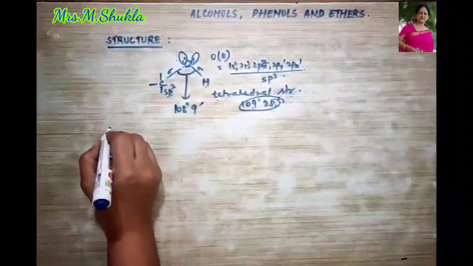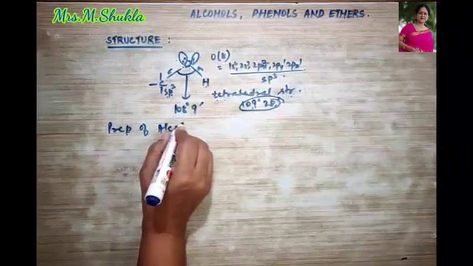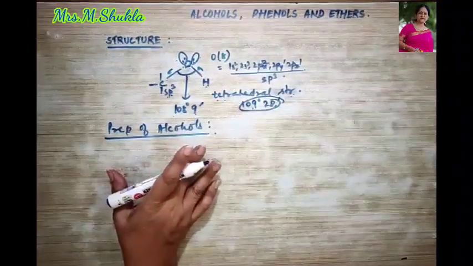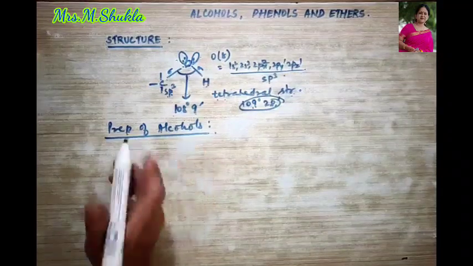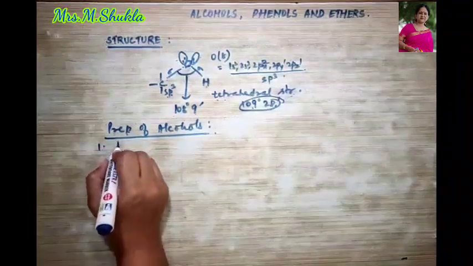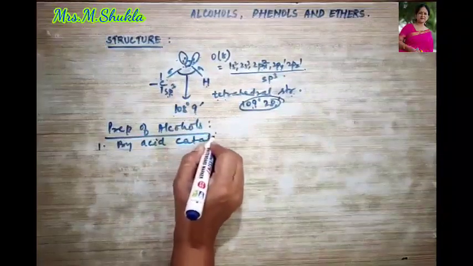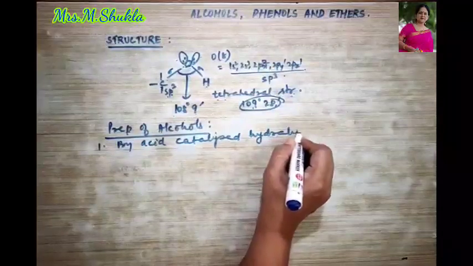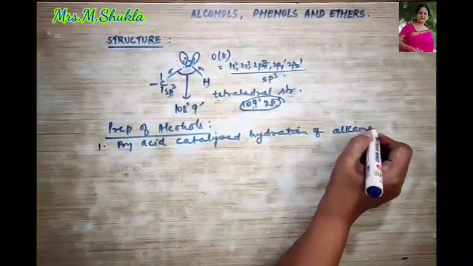Now we are going to talk about the preparation of alcohols. There are different methods that we have to study. For example, the first method could be by acid catalyzed hydration of alkenes.